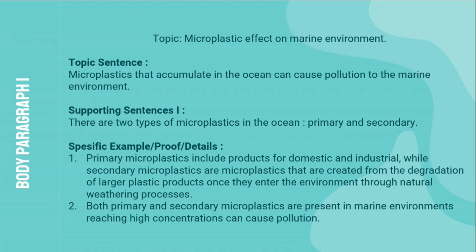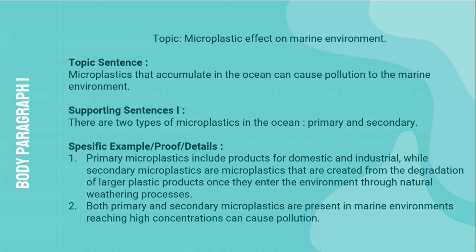First, primary microplastics include products for domestic and industrial use, while secondary microplastics are microplastics that are created from the degradation of larger plastic products once they enter the environment through natural weathering processes. The second, both primary and secondary microplastics are present in the marine environment.